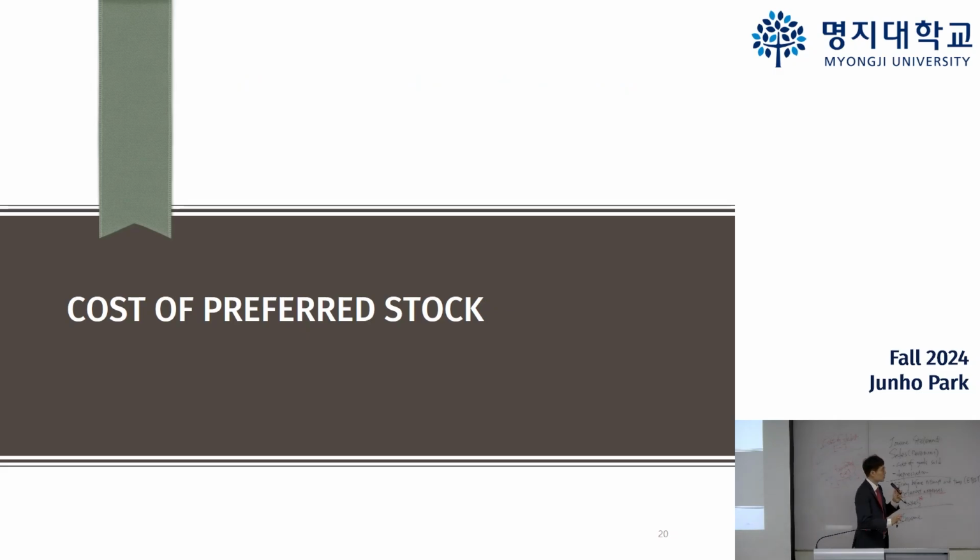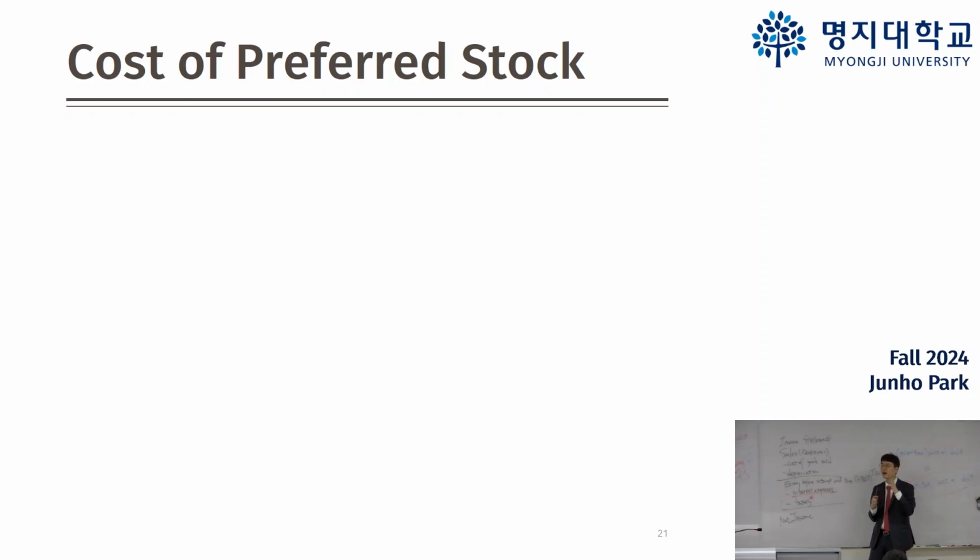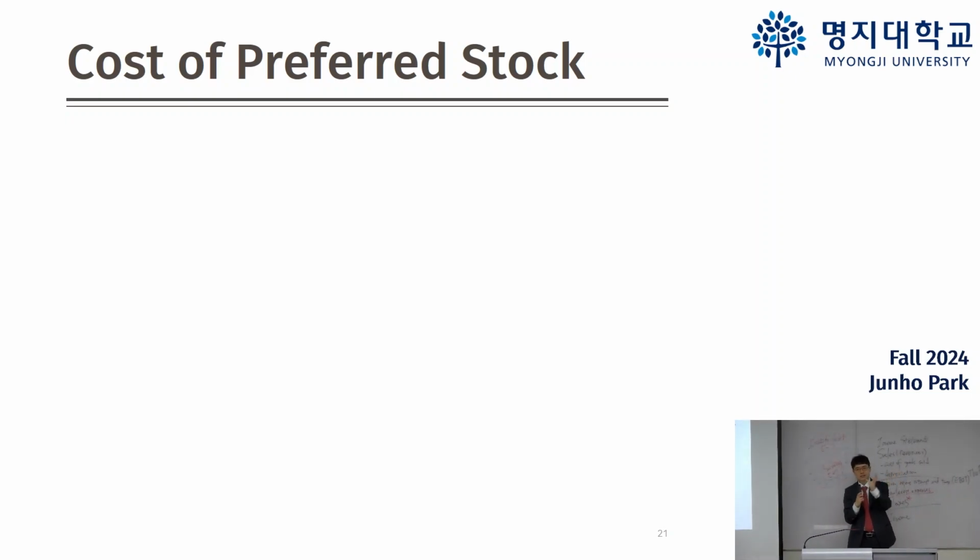And let's talk about the cost of preferred stock. Preferred stocks are stocks, so they are also classified as equity. However, there is a difference between common stock and preferred stock. For common stock, there is no guarantee that the company will give you dividends. That's the reason why the cost of equity is difficult to get. You don't know what your return will be.